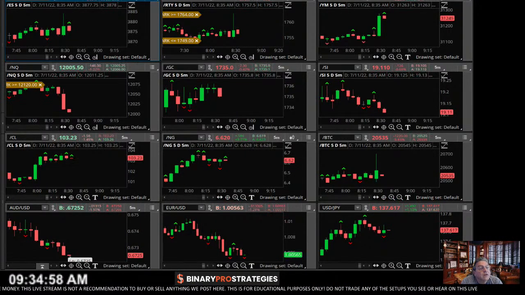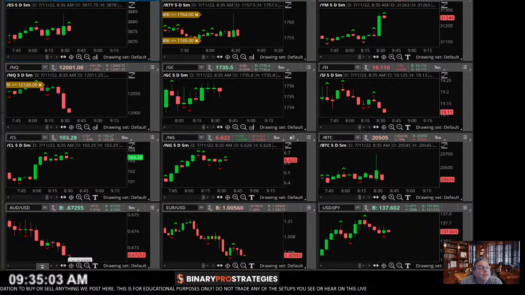Reverse sell. Oh, wow. Mini Nasdaq reversed and went short. That's going to be an HF1. I like those, so let's see here.